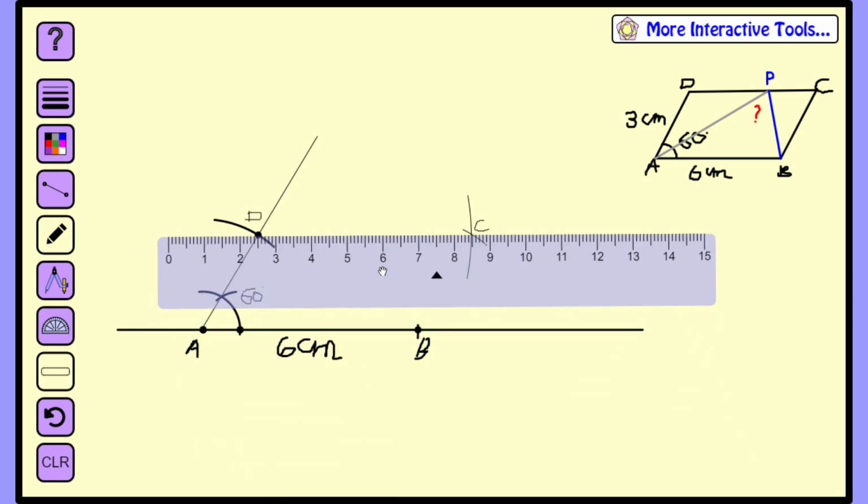Now join all the vertices of the parallelogram.